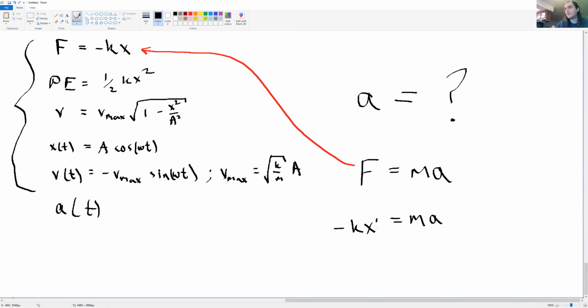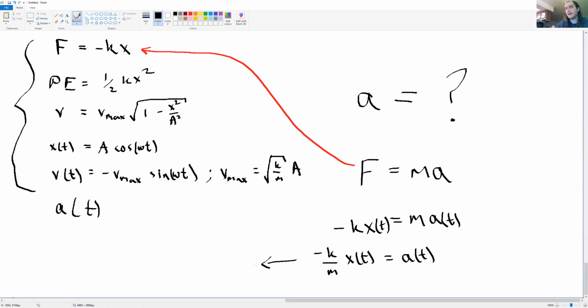And if x is a function of t, then a is a function of t. The mass isn't a function of t. The spring constant isn't a function of t. So we have this expression here. So minus k over m x of t is equal to the acceleration a of t.